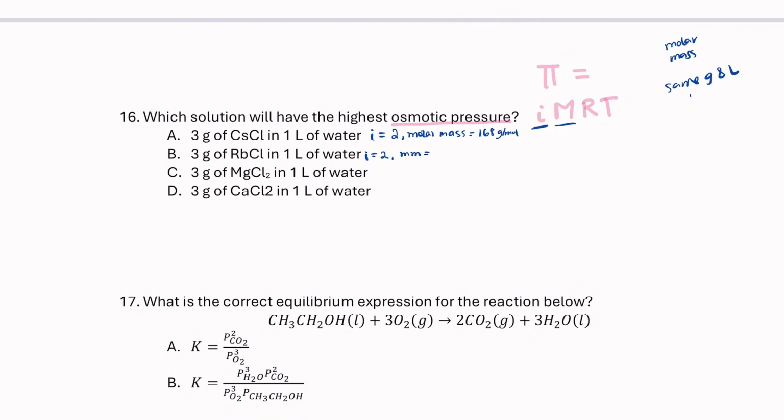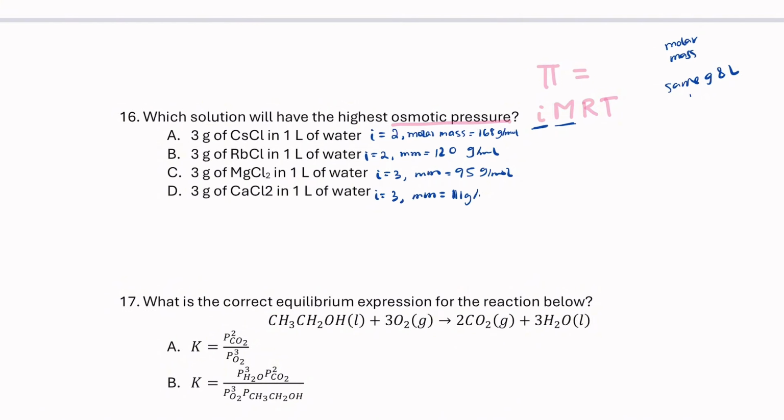Then for B, I is also 2, splits into 2 species here. The molar mass is a bit smaller, 121 grams per mole. For C, I equals 3 because magnesium chloride splits into 1 magnesium cation, 2 chloride ions. The molar mass is only about 95 grams per mole. For calcium chloride, I is also 3.